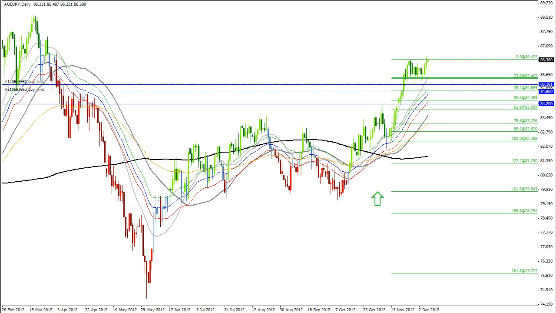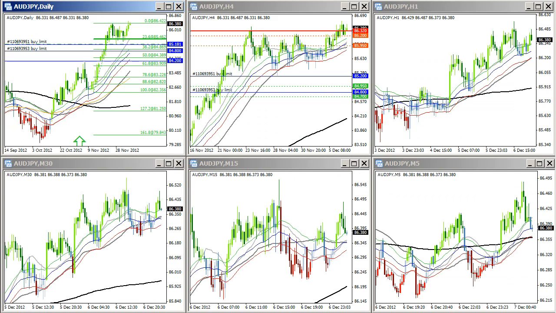So if I have a bullish Aussie yen on the daily, I know that the overall dominant psychology is bullish, and therefore any buy is trend following, any short is counter trend. Now I'd love to take advantage of a pullback and buy into the Aussie yen. So what do I need for that?